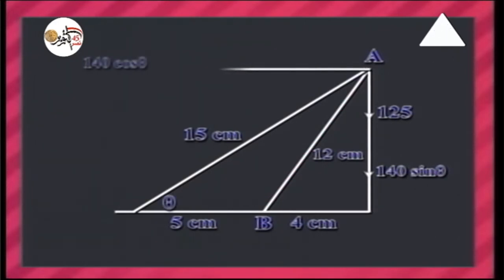This angle theta is the inclination of the crane to the horizontal. We resolve the 140 by two perpendicular axes: 140 cosine theta in the horizontal, and 140 sine theta in the vertical.